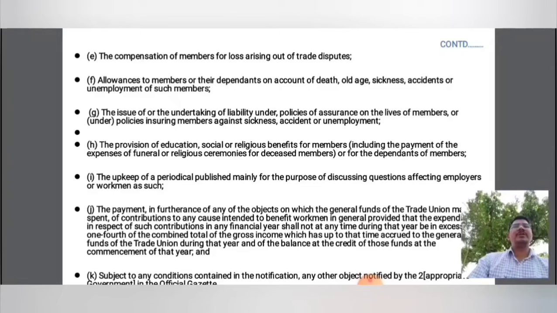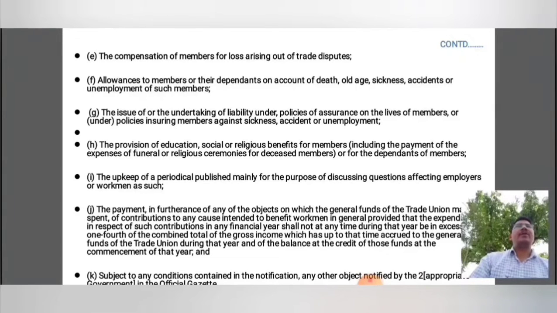Allowances to members or their dependents on account of death, old age, sickness, accidents, or unemployment of such members. The undertaking of liabilities under policies of assurance on the lives of members, or under policies insuring members against sickness, accident, or unemployment.